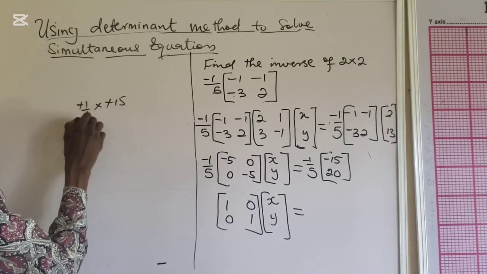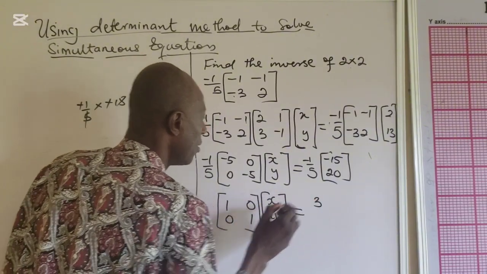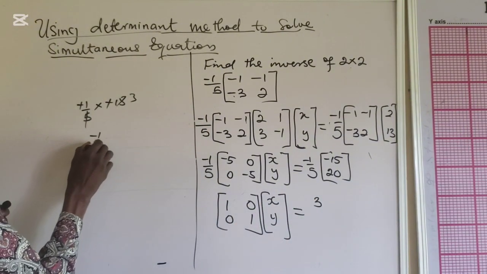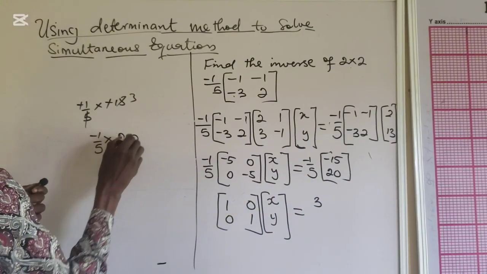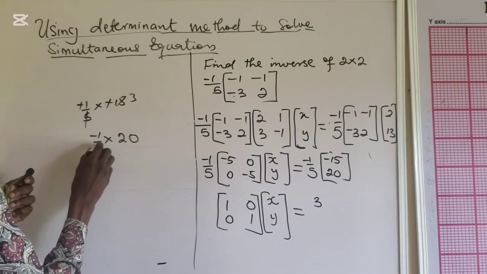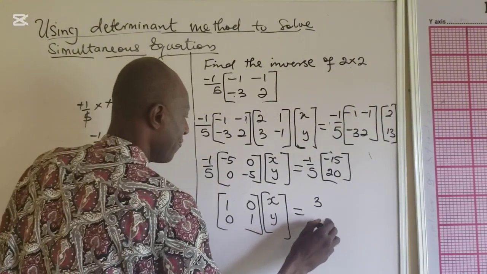Minus will cancel minus. 5 here 1, 5 here 3. So here will be 3. Minus 1/5 times 20. 5 here 1, 5 here 4. Here will be 4.